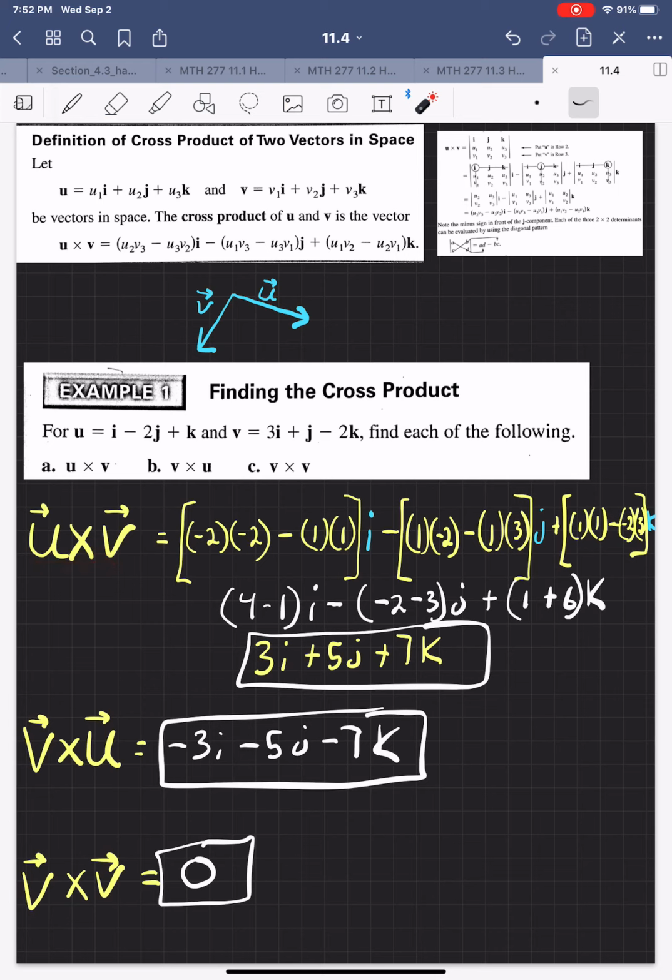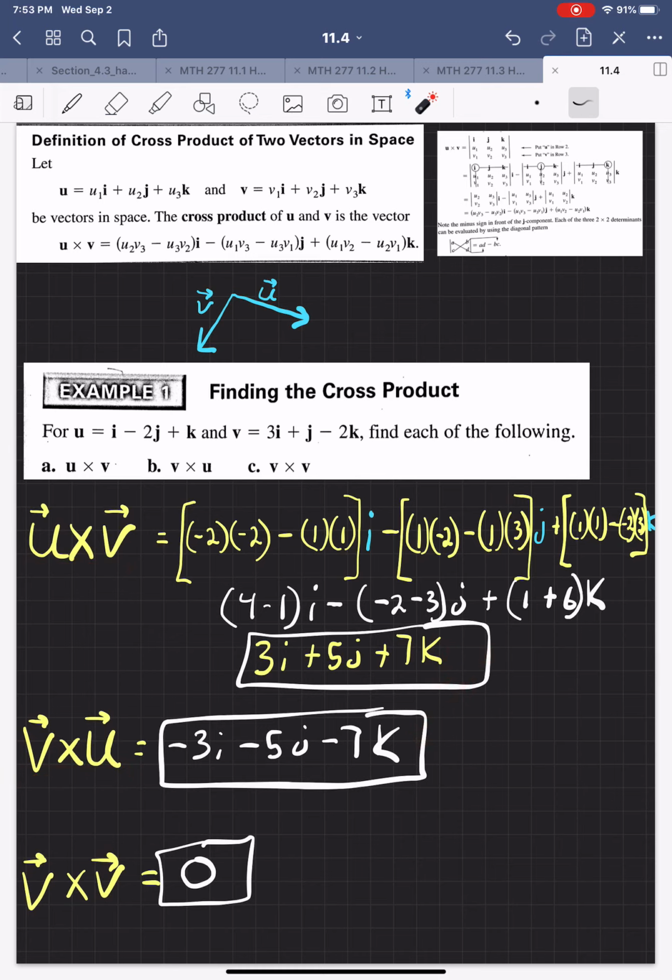It's the commutative property of multiplication. But notice that u cross v is not equal to v cross u, but they are very similar, right? They're just opposites. So you can just see the signs are different.